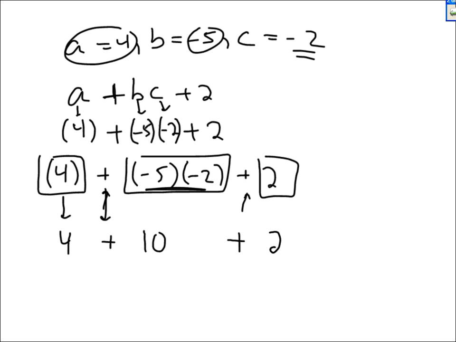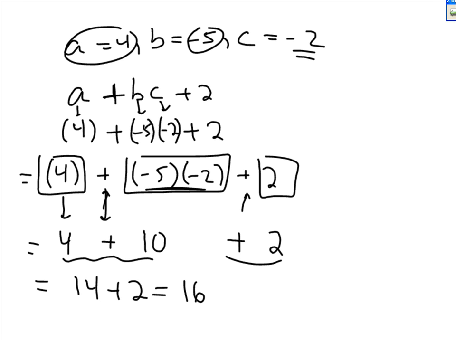Plus the last term is just 2. So we have 4 plus 10, which is 14. Don't forget plus 2. Parentheses, brackets, curly brackets, they're all the same.